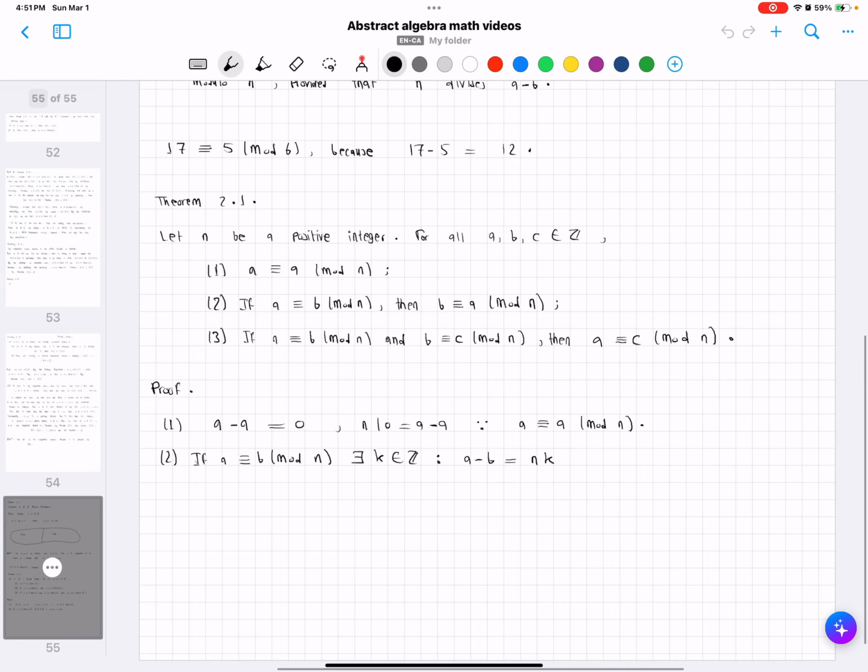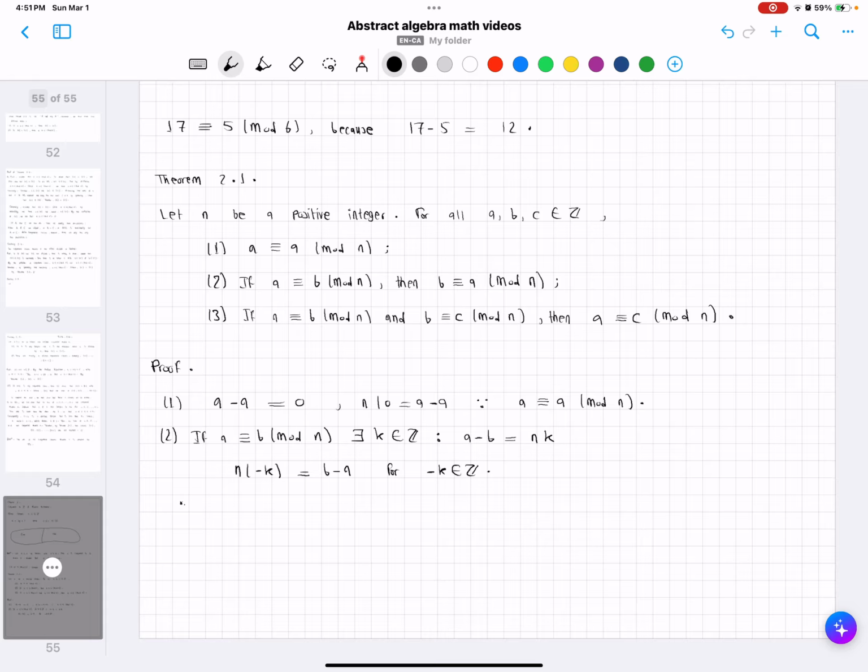Then if we multiply by -1, n multiplied by -k is b minus a, for -k belonging to Z. So n divides b minus a, which means that b is congruent to a mod n.